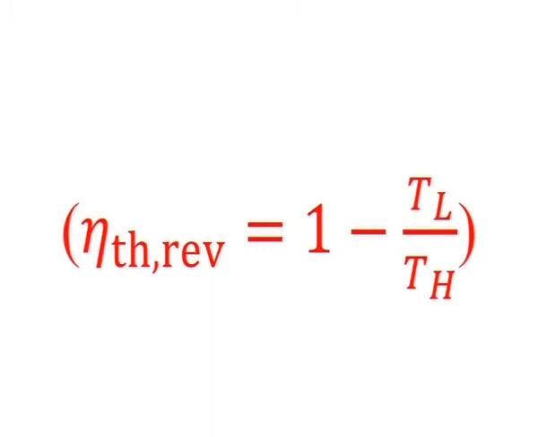This is also true for actual heat engines. The thermal efficiency of actual heat engines can be maximized by supplying heat to the engine at the highest possible temperature and rejecting heat from the engine at the lowest possible temperature.